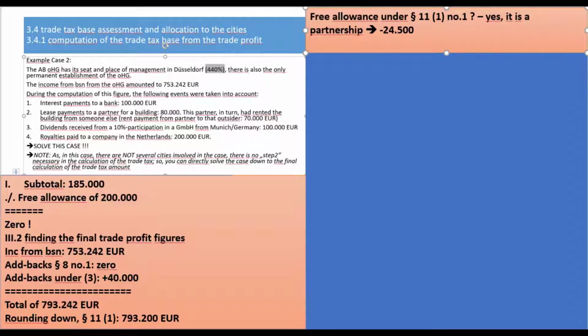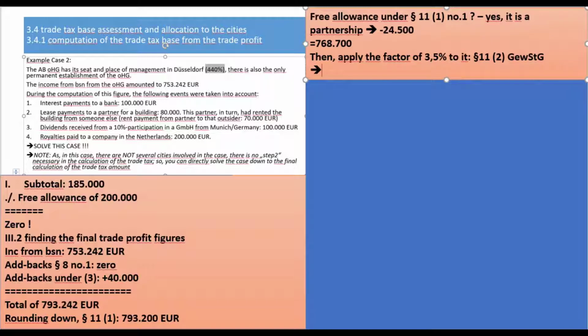So let us have a small look to our calculators. Use that. 79,300. There will be a result, and that result seems to be this one. So then apply the factor of 3.5% to it, paragraph 11 Trade Tax Act, and that leads to 768,700 times 3.5%.